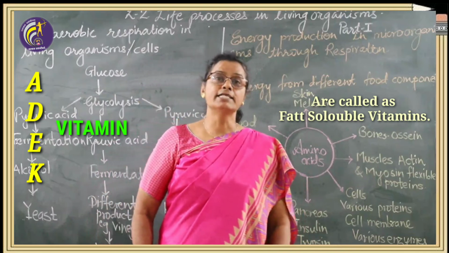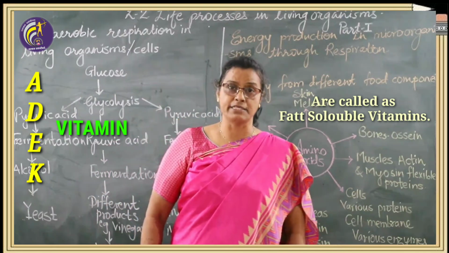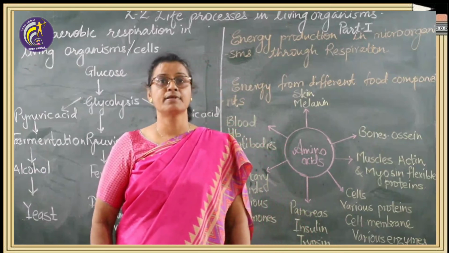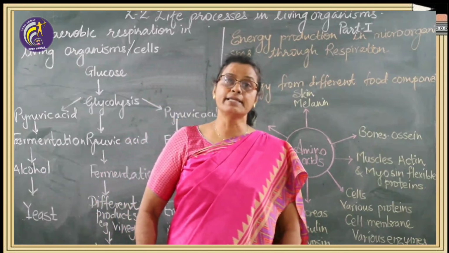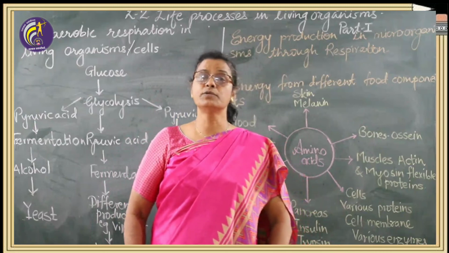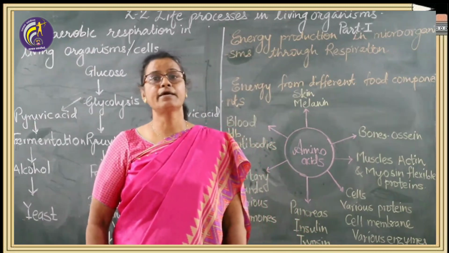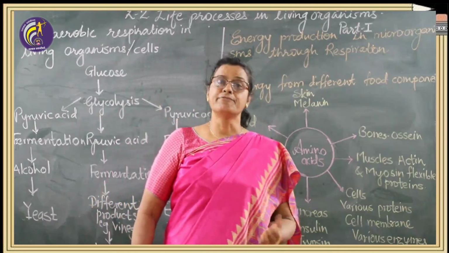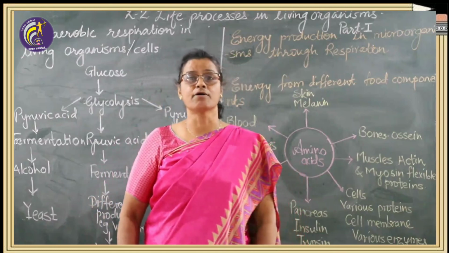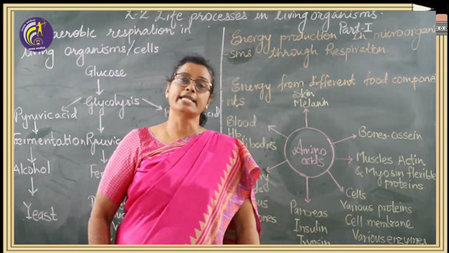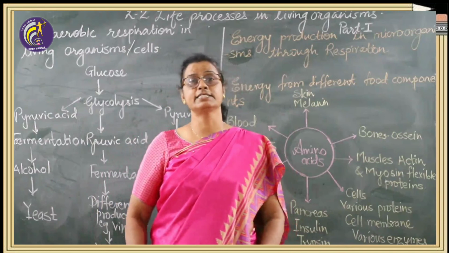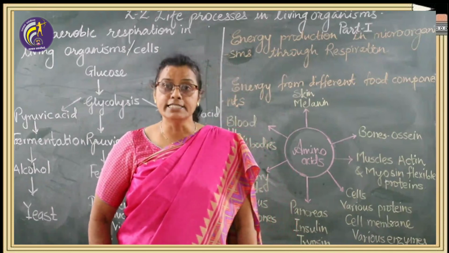They are called fat soluble vitamins. If we take these vitamins in excess, they get accumulated or stored in our body and they may cause disorders. Even the deficiency of vitamins can cause diseases, and if the fat soluble vitamins are taken in excess, they can cause disorders.